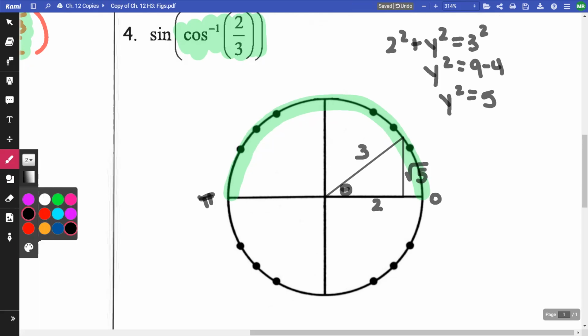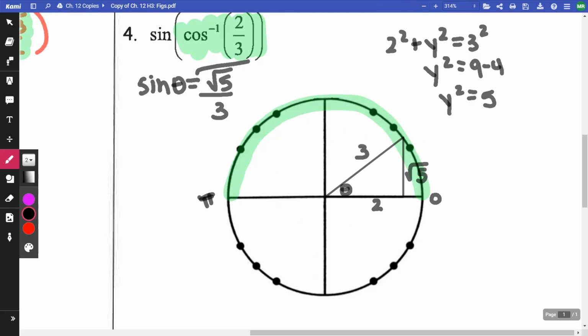Now they are saying sine of that angle, which I'm going to call theta, is going to be opposite over hypotenuse, and that's your answer, root 5 over 3.